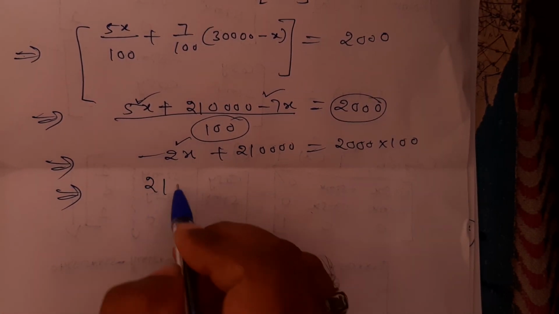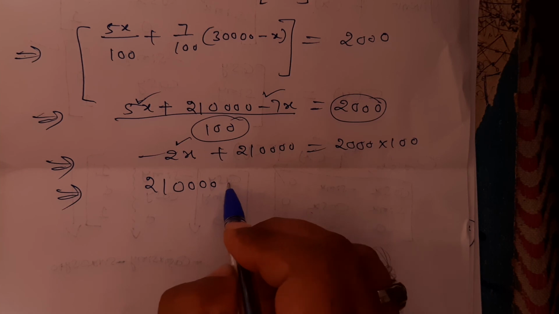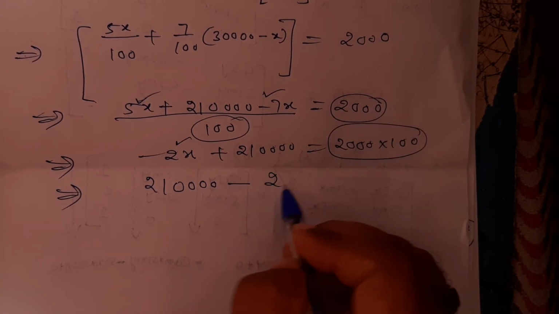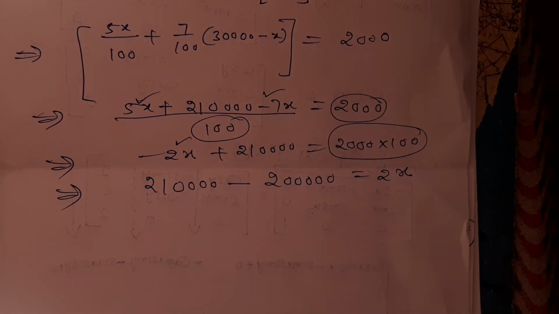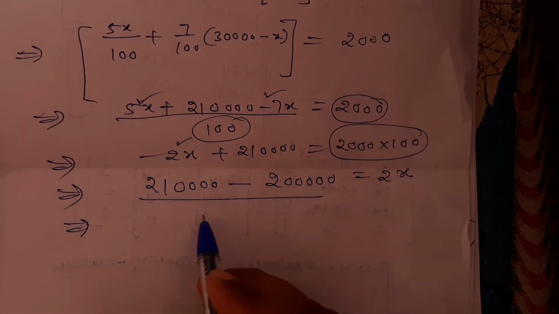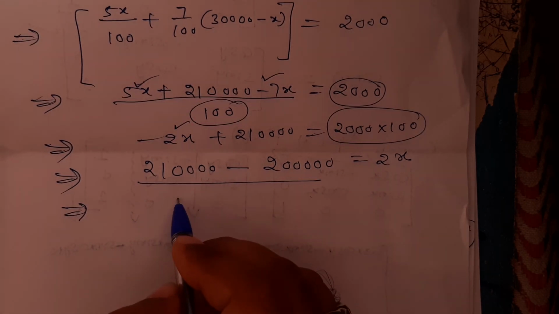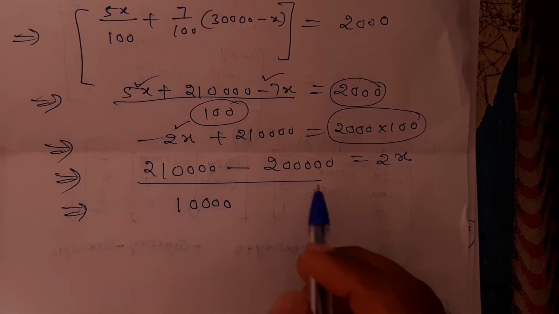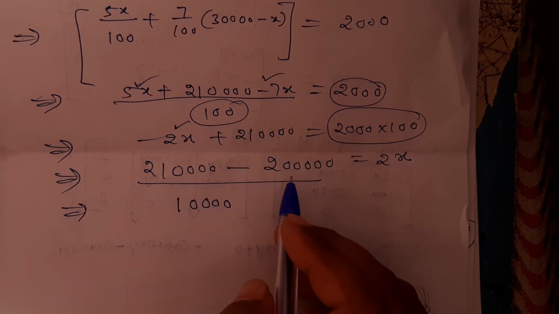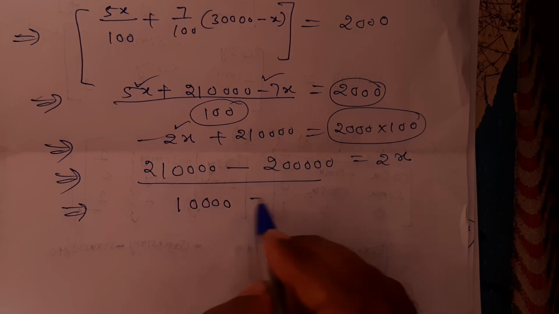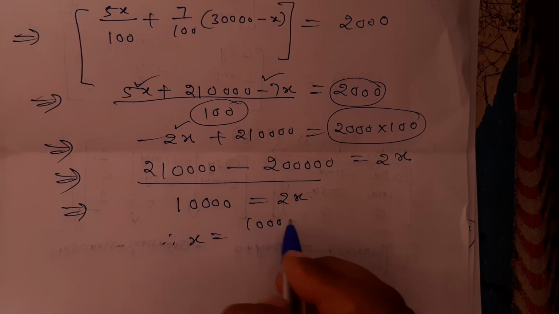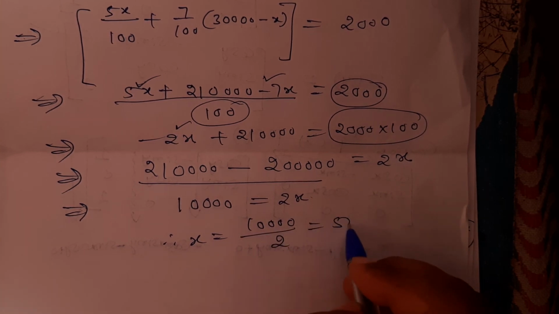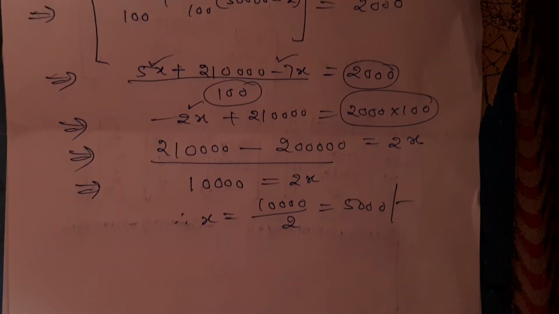Multiplying gives 2,00,000. Then subtracting, I get 10,000. Therefore x is equal to 10,000 divided by 2, that will be 5,000 rupees.